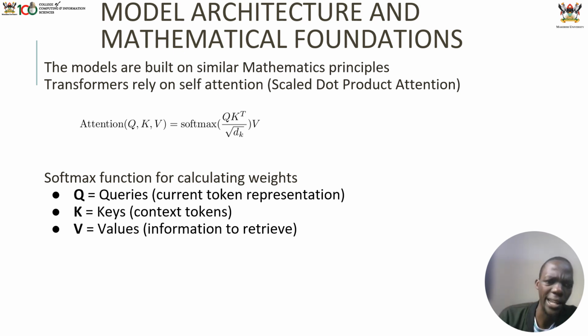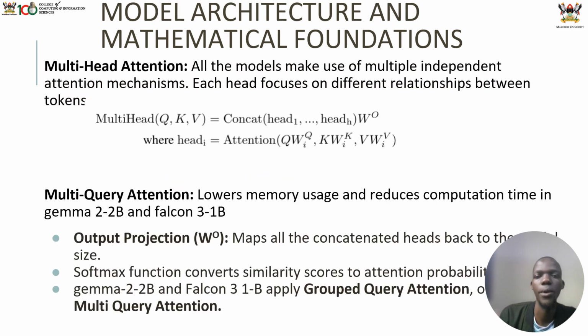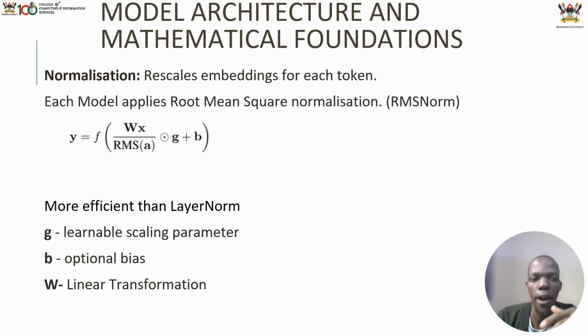Remember we said for this one they use multi-head attention. So we have various heads, each head attending to a different version of the sentence, and after that all of the heads are concatenated together such that the entire meaning of the statement is captured properly by the model.